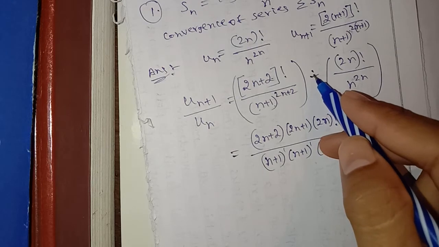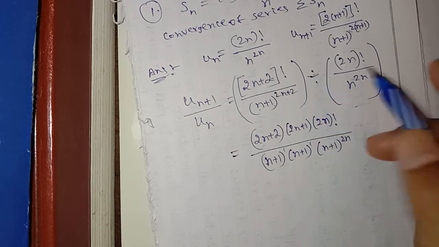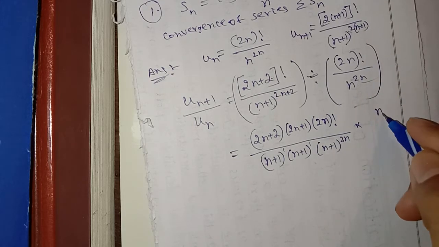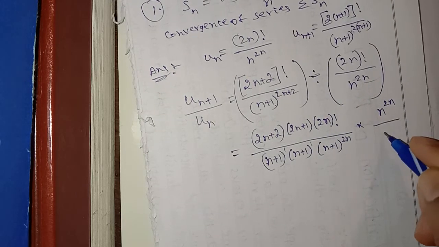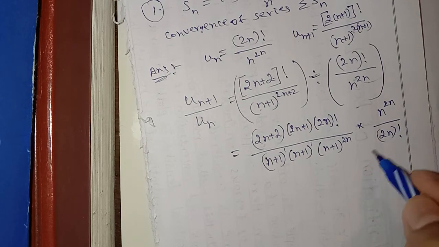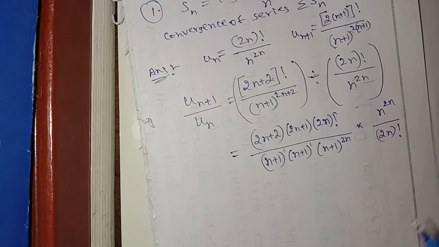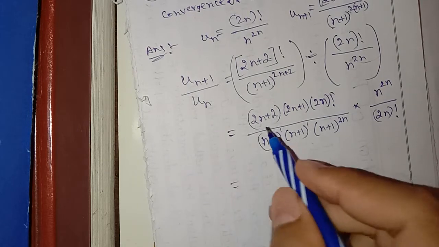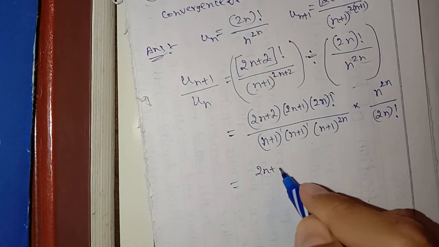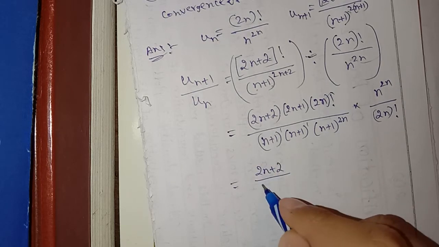We can change the division into multiplication by taking the reciprocal, n^(2n) divided by (2n)!. Now this can be cancelled out and the remaining is 2n+2 divided by n+1.